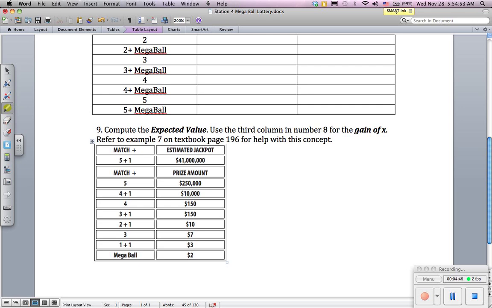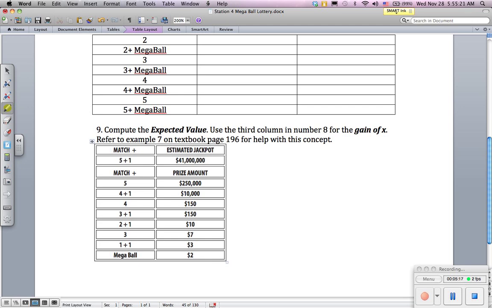Finally, in order to compute the expected value, what I have at the bottom here is the payout from the Virginia State Lottery. Notice that all of the outcomes from playing the lottery are not listed in the payout. That's because there are sometimes when you play where you win nothing. So if you don't see a value listed here, that means that the payout for that match is 0.